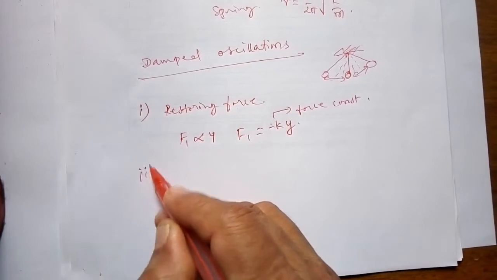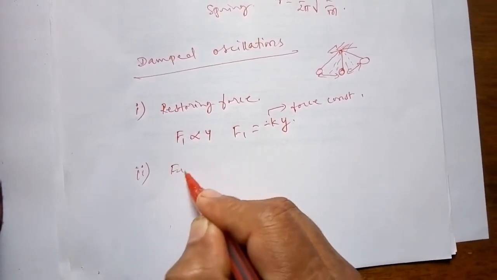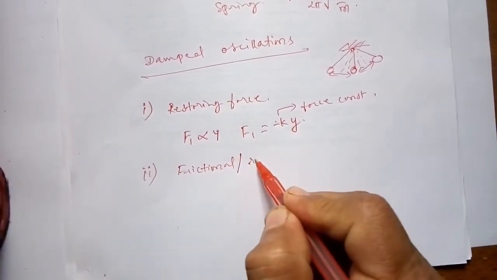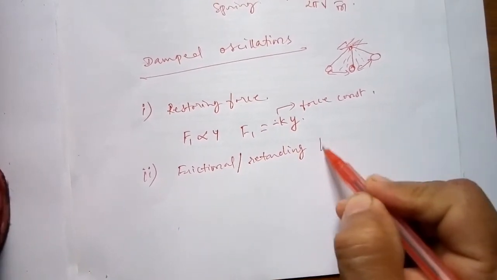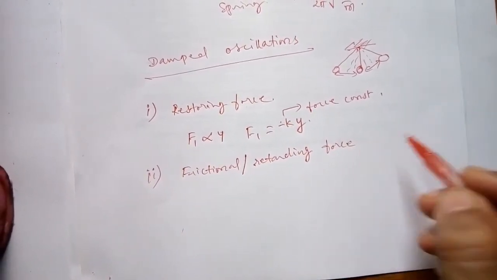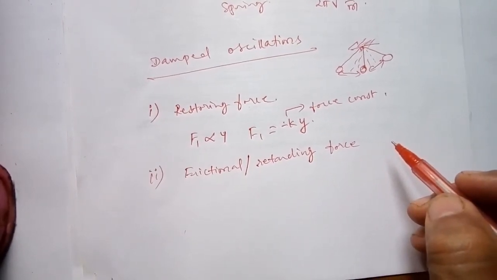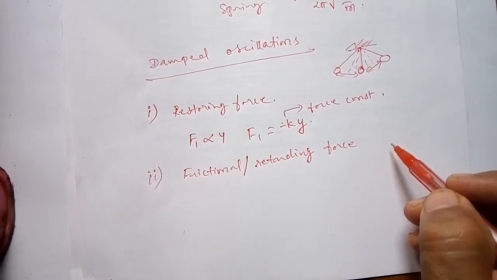The second force which is acting is known as the frictional or retarding force, proportional to velocity but opposite to the direction of motion of the body.